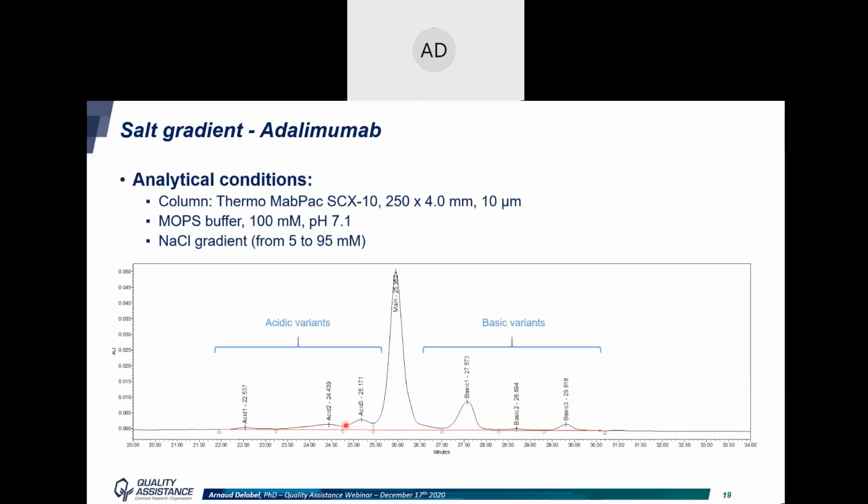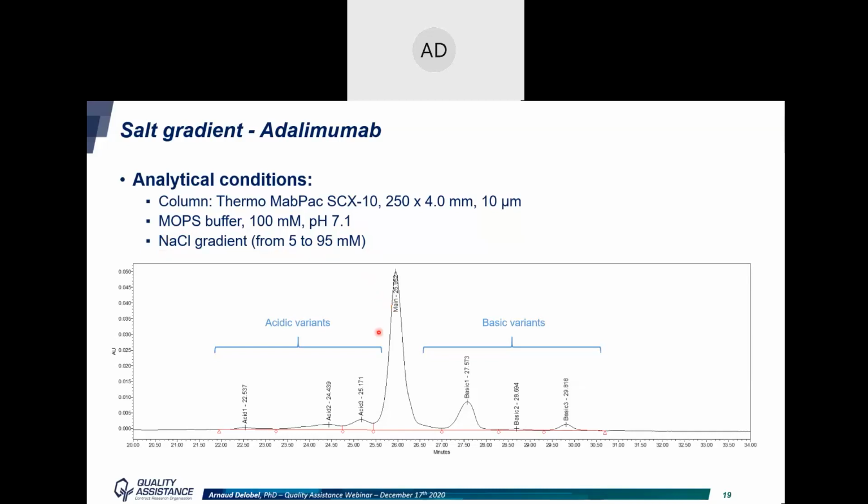So here is an example of the separation of Adalimumab using a salt gradient. It is a method that was optimized in our labs using a ThermoMab SCX-10 column, a MOPS buffer at 100 millimolar at pH 7.1, so below the isoelectric point of your antibody that is close to 9. And we use a sodium chloride gradient between 5 and 95 millimolar.